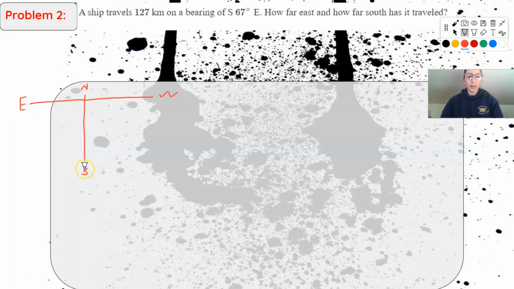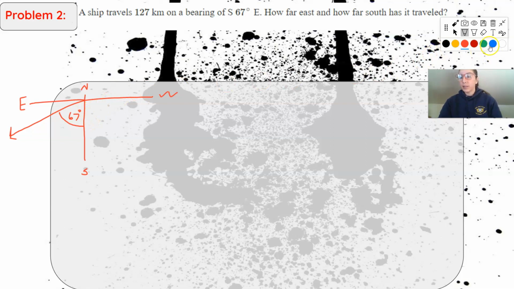South 67 degrees east means I go to my south line, go 67 degrees out, and go in the east direction. That puts me about here. So that's our ship, and that angle formed right here is 67 degrees.